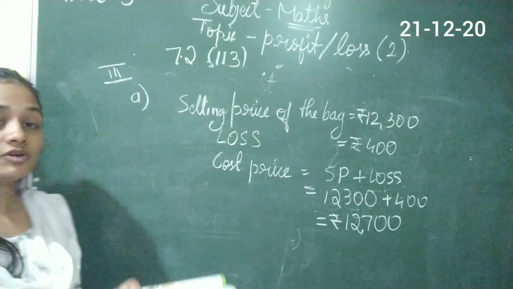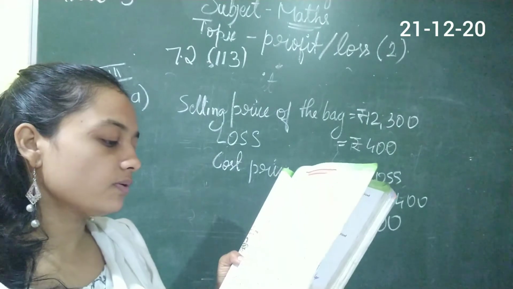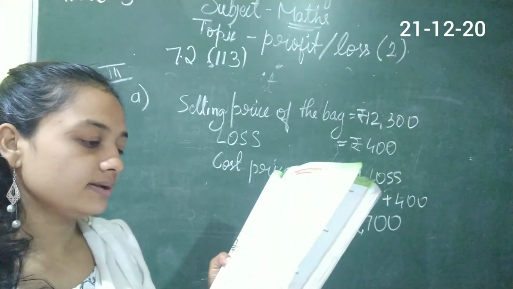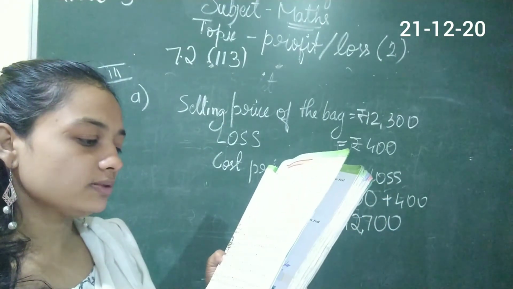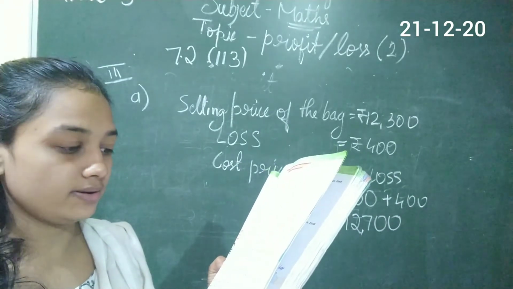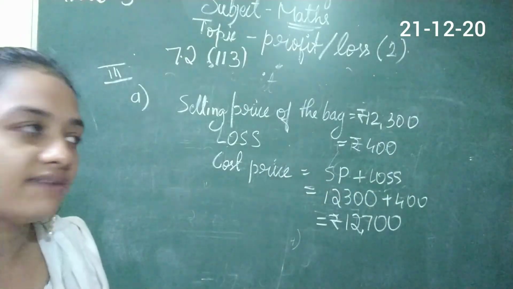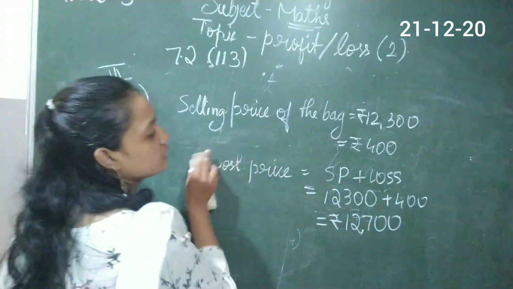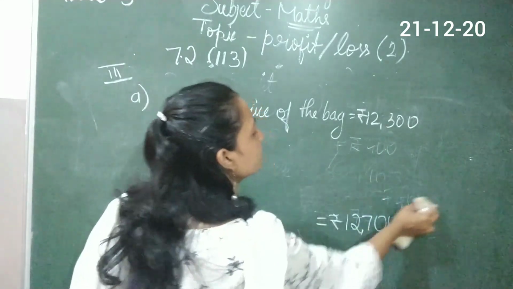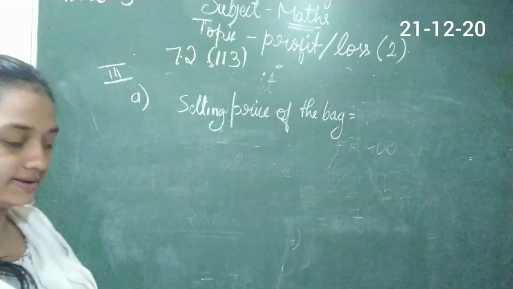Now let's go for the seventh question, children. A shopkeeper bought a radio set for rupees 1,900 and sold it at rupees 2,300. Find the loss or profit. Here they have given both the selling price and the cost price. We have to decide whether it is a profit or a loss and find it.